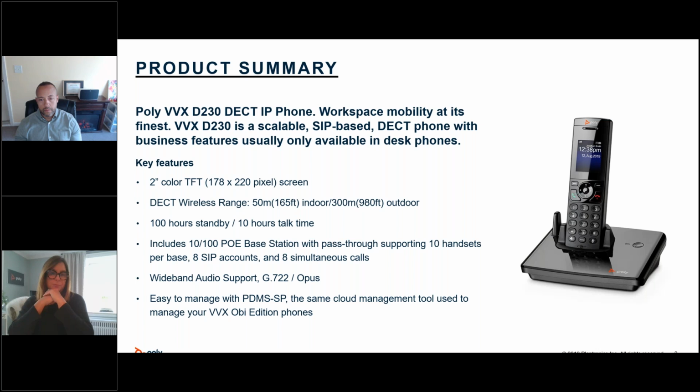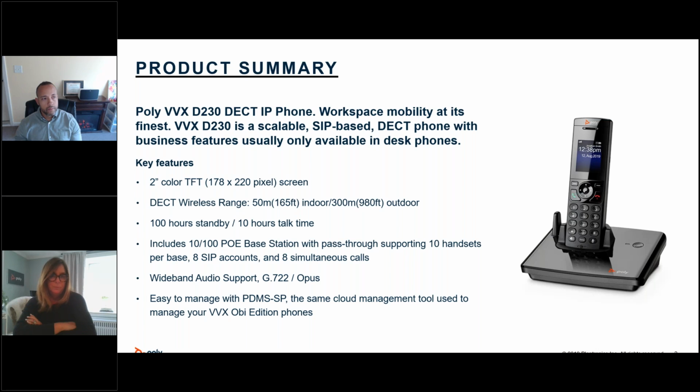The second one is the wireless coverage. Many of you are probably very familiar with Bluetooth. DECT is 3-4 times more range than Bluetooth. Bluetooth is considered a personal area network, but DECT is kind of equivalent to Wi-Fi, but optimized for voice.